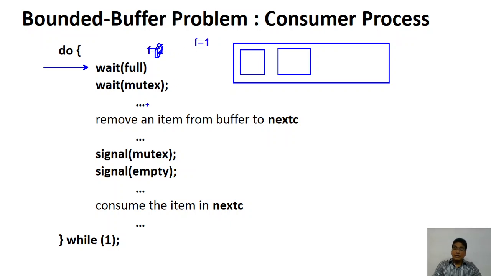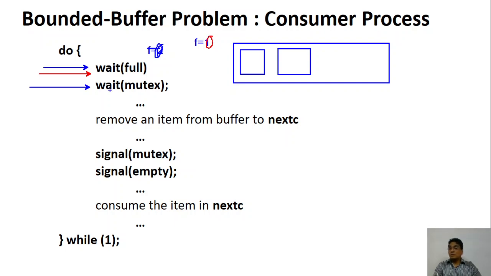The second consumer will immediately jump, and when she takes it, this value is going to be 0. However, what will the first consumer do then? The first consumer will go to this step, while the second consumer is taking this.